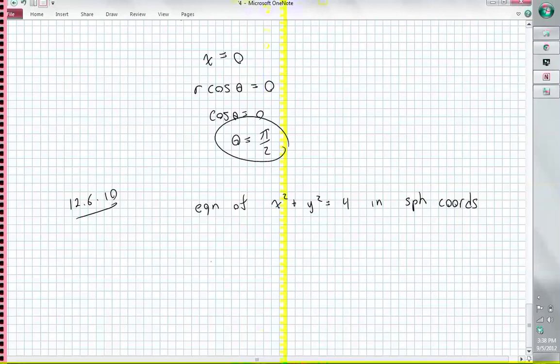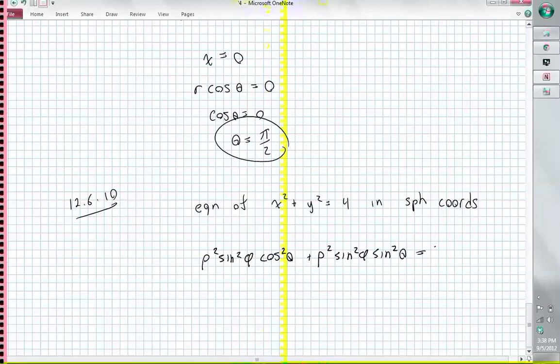So let's drop in rho squared sine squared phi cosine squared theta plus rho squared sine squared phi sine squared theta equals 4. Does everybody see what I did? There's a common factor of rho squared sine squared phi in both of the terms on the left-hand side.